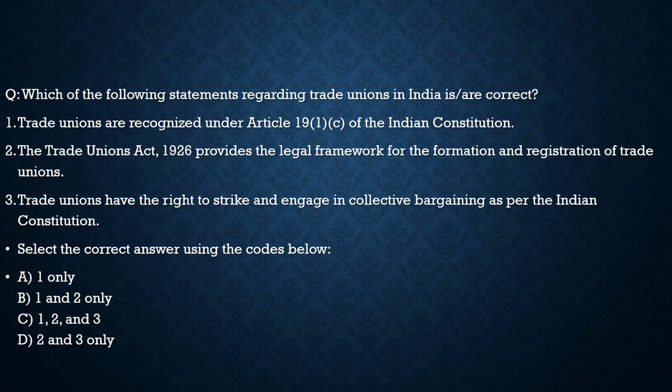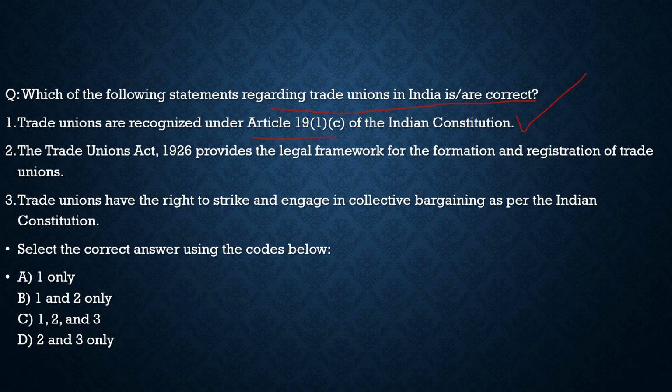Here the question is about which of the following statements regarding trade unions in India are correct. We had discussed how the Samsung workers are fighting for the recognition of their trade union. So let's try to understand more about trade unions through this question. The trade unions are recognized under Article 19(1)(c) of the Indian Constitution, 100% correct.